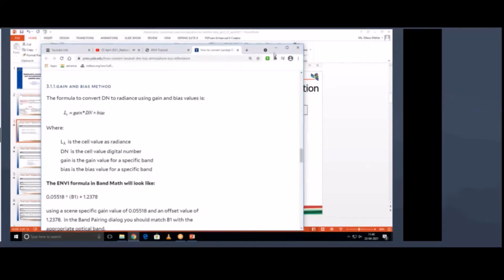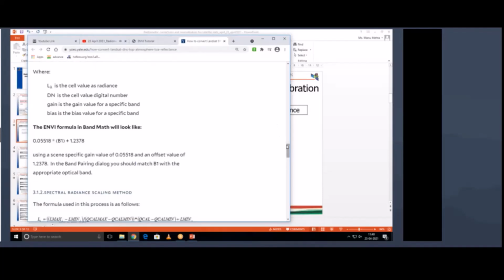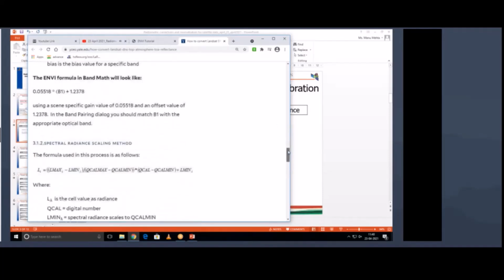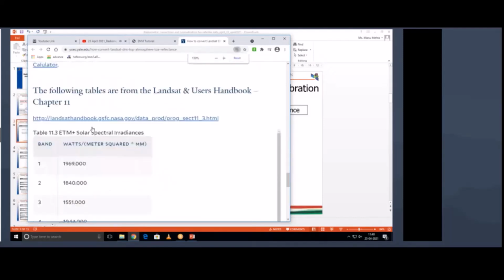So I'm on a web link, and this is the formula they use for Landsat.